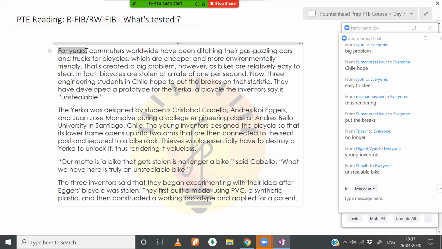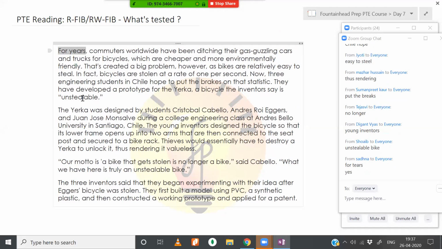So 4 years, is this a collocation? Yes, 4 years is a collocation. Okay.